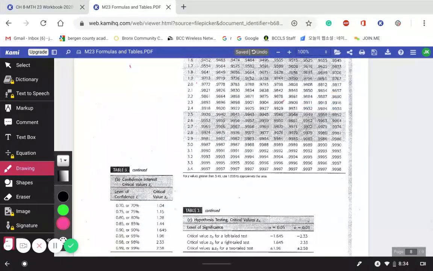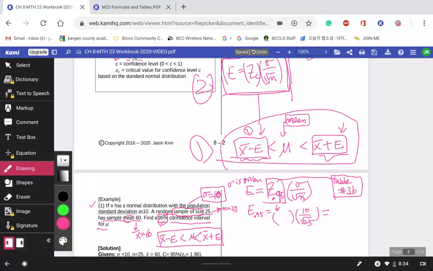The critical value for 95% confidence was 1.96. So that's how you get that particular value, 1.96.